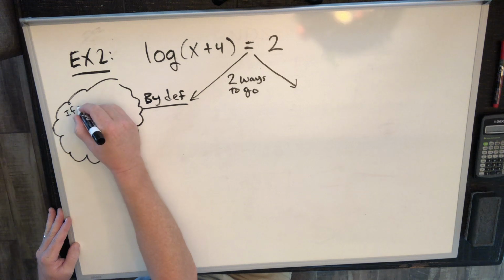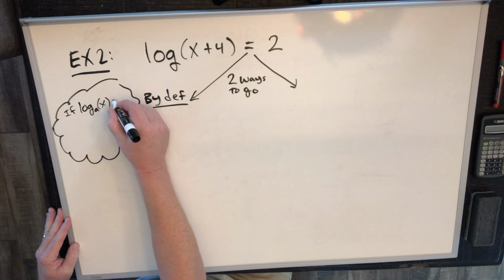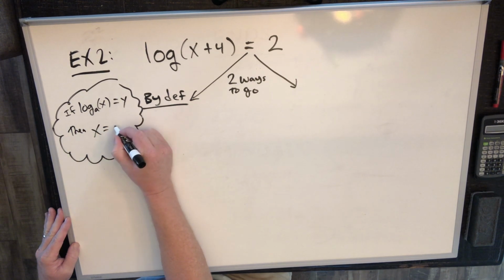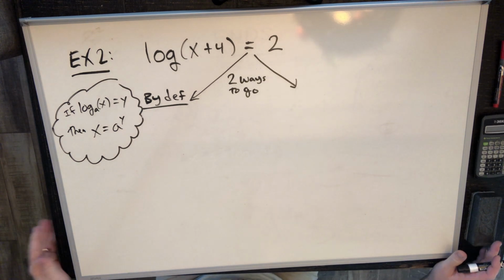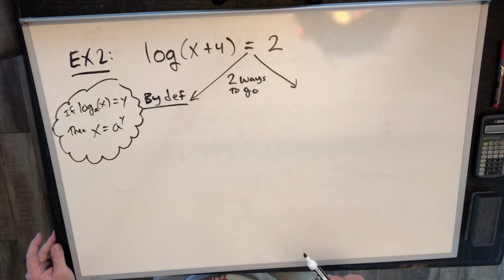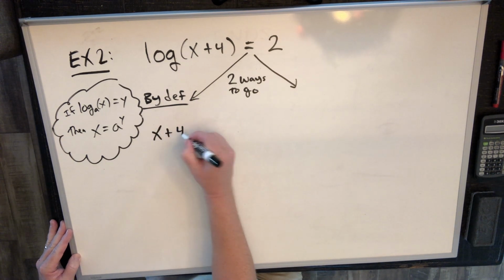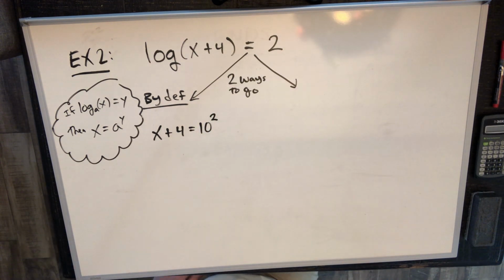If log base a of x is equal to y, then x is equal to a to the y. So this is a common log, so the base is 10, and so by definition we would immediately get the equation x plus 4 is 10 squared.